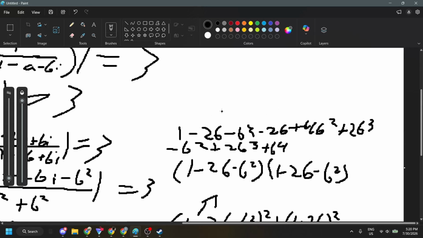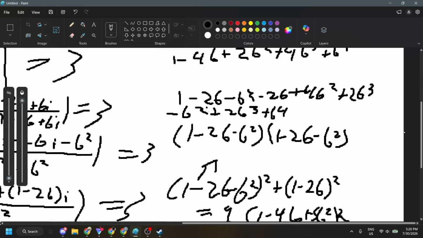So combined, 1 minus 4b plus 2b squared plus 4b cubed plus b to the 4.